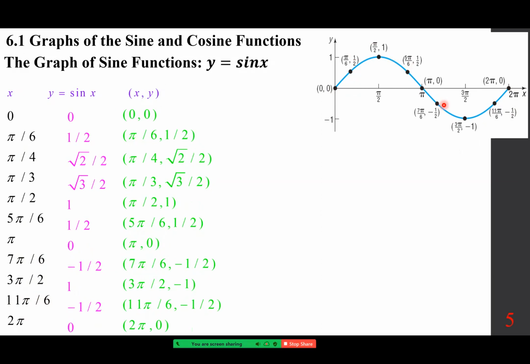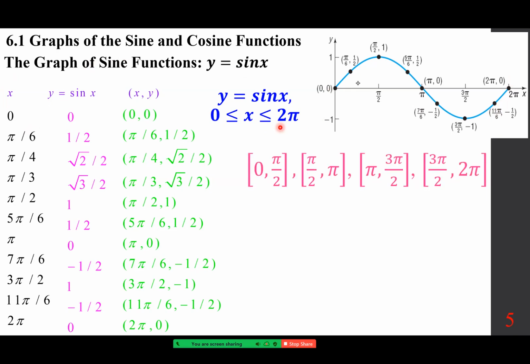We have just one period as we go from 0 to 2 pi, and remember it's going to repeat, so it's going to go indefinitely on both sides. For now, y equals sine x when x is between 0 and 2 pi, and we have 4 arcs.